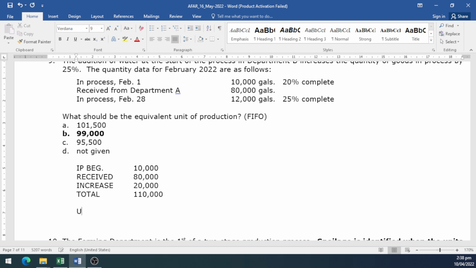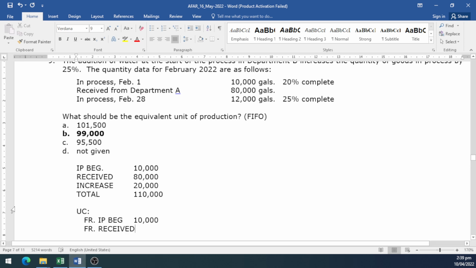Yung units completed, i-retrace natin from IP beginning. Di ba 10,000 yan? From received, which we have already adjusted to be 100,000, ano? Kasi may nag-increase.